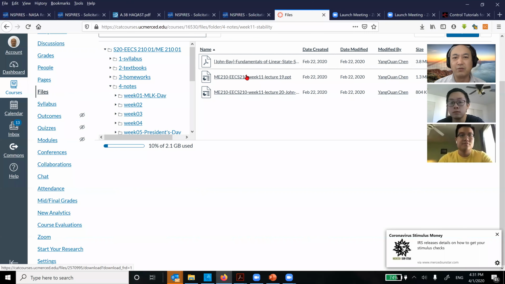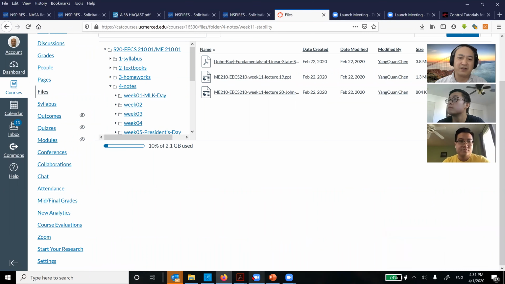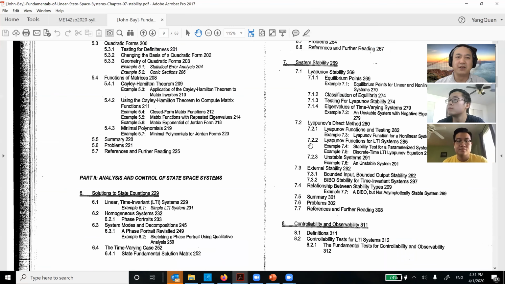You're going to see John Bay, chapter 7, system stability. This is a very nicely written chapter on all the stability in the state space setting, linear time invariant systems.